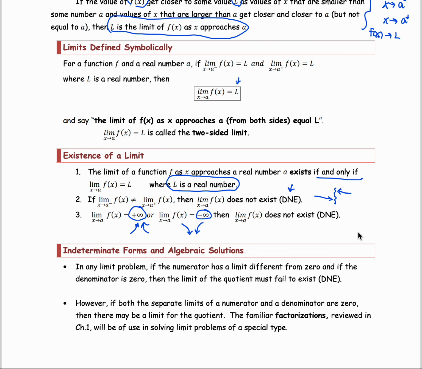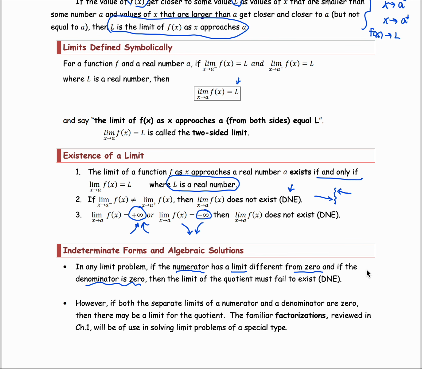Next, the indeterminate forms and algebraic solutions. In any limit problem, if the numerator has a limit different from 0, and if the denominator is 0, then the limit of the quotient must fail to exist.